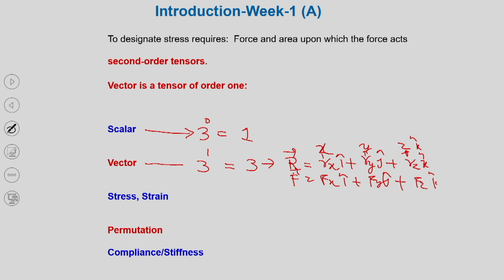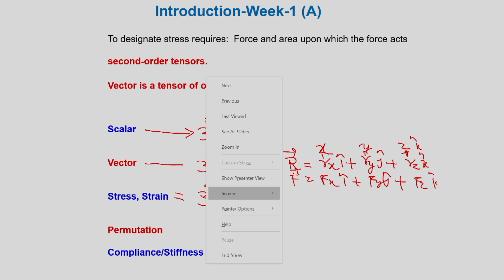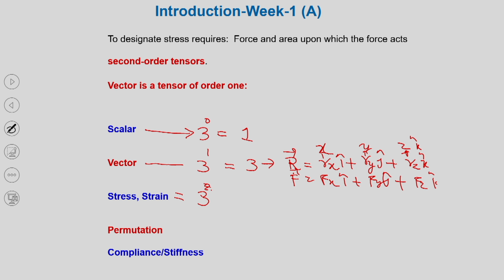When you are talking about a second order tensor, it will be 3 raised to power 2, which is equal to 9. So, stresses or strains will have 9 components. Then epsilon ijk, some permutation kind of symbol, is sometimes used in the compatibility relations.